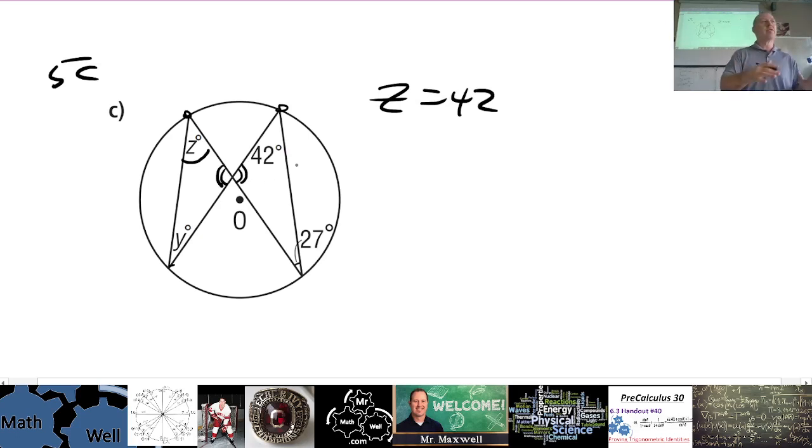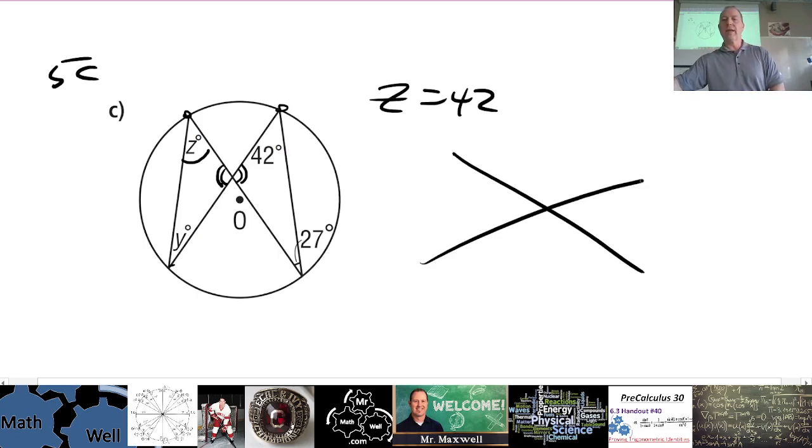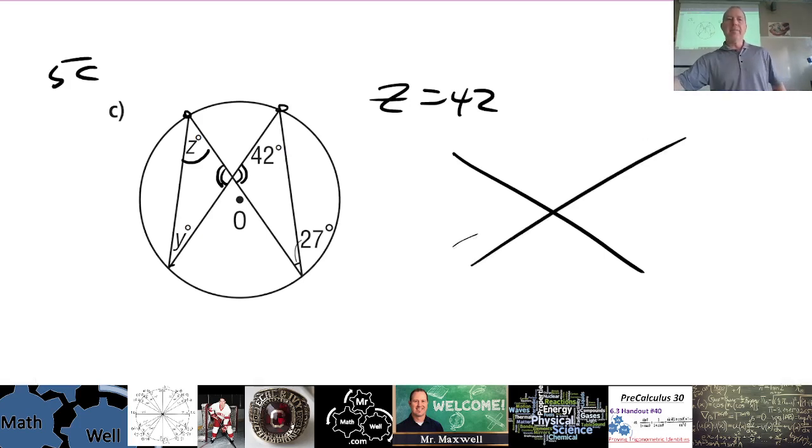Now, I want to focus on these two angles right here. I don't know if you guys have been told this before, but when you have any two straight lines, assume these are straight, you know for sure that the angles opposite of the intersection point are always equal. Now, these two opposite ones might not be the same as the first pair, but they will be equal themselves.